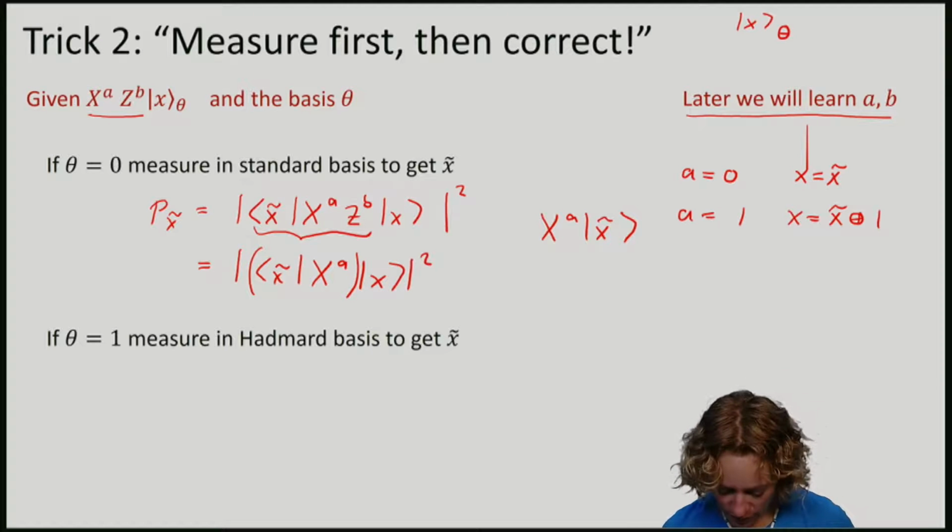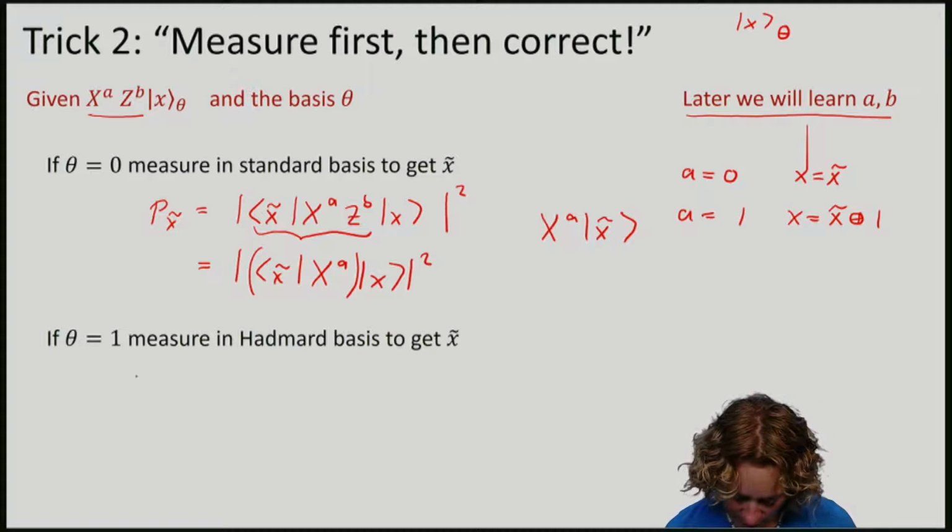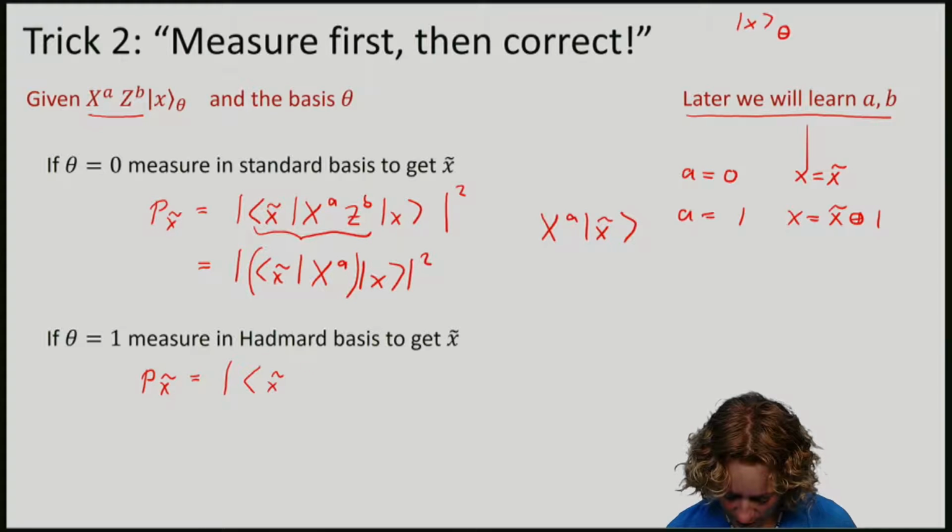So if theta is 1, Wenda measures in the Hadamard basis, and the probability of getting the outcome x is given as follows: x tilde in the Hadamard basis with X^a Z^b x.